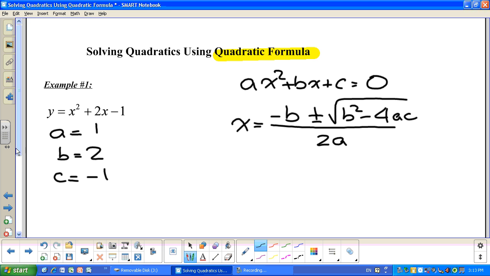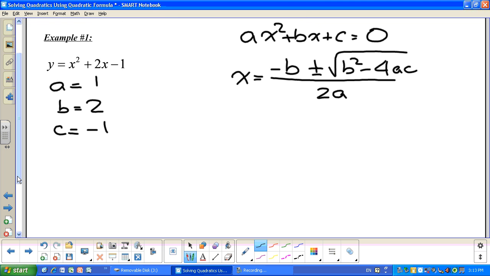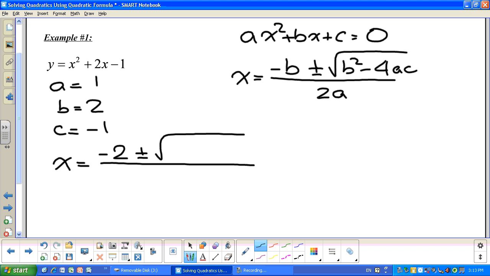Oh, so basically you are telling me that the only thing I need to do now is apply my quadratic formula? That's correct. All you have to do is substitute coefficients a, b, and c in the quadratic formula and calculate your x-intercepts. So negative b, that's negative 2, plus minus square root of b squared, that's 2 squared, minus 4 times 1 times negative 1, divided by 2 times 1.